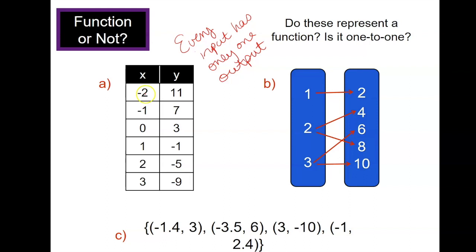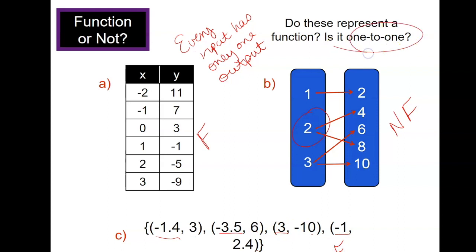When we see that we have two of the same number going to different numbers, such as 2 going to 4 and the other 2 going to 8, that is not a function. So over here, we have a function, not a function. And then looking at these x values, each x value has only one y value. There are no repeats for x, so this is also a function.